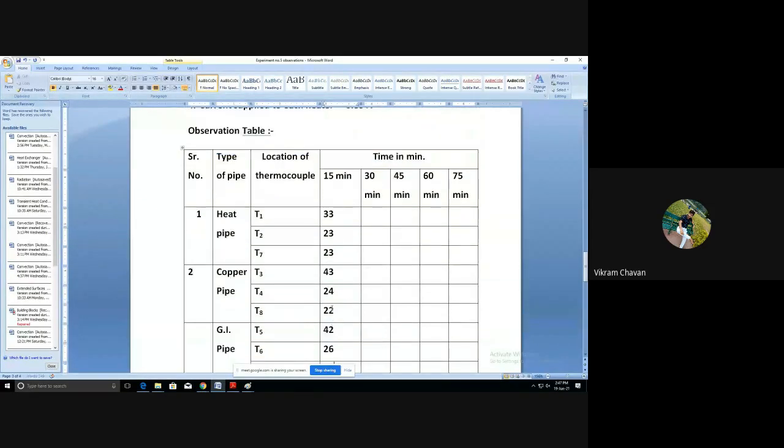We have taken these readings initially only to reduce the time for the performance.